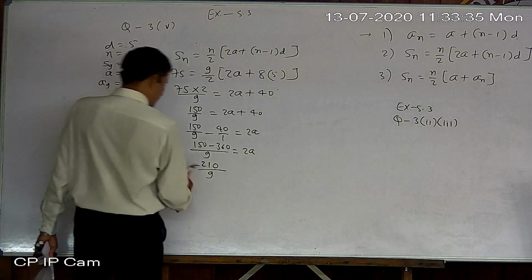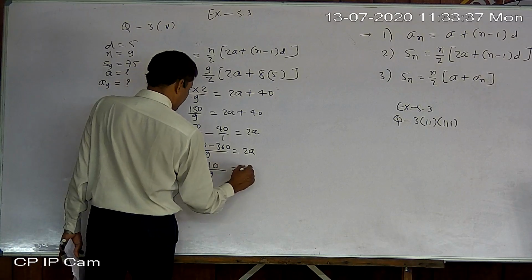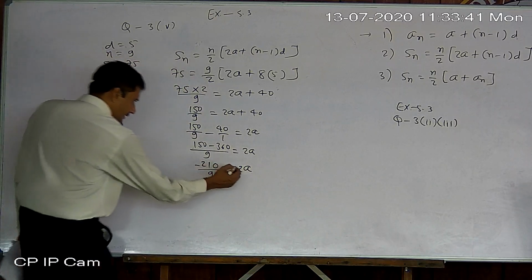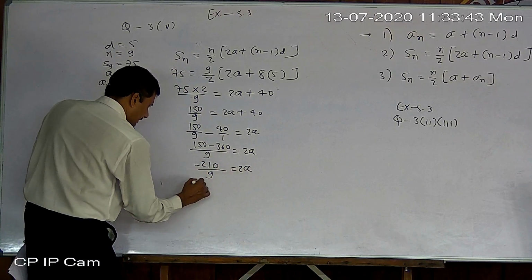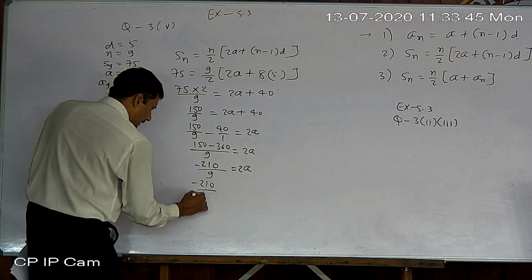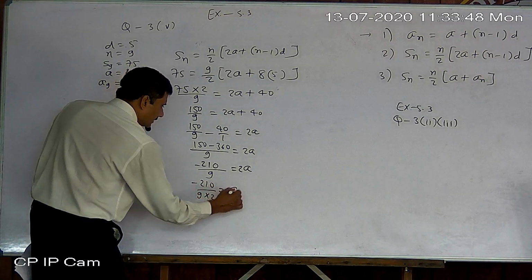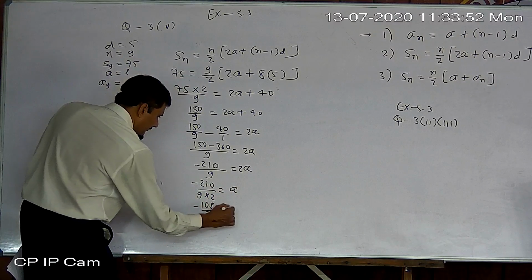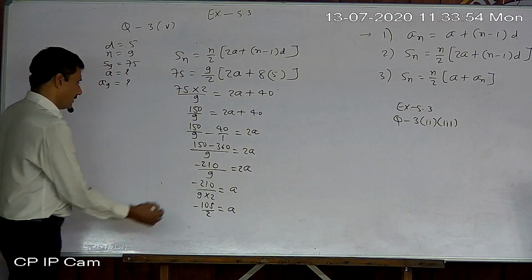So minus 210 upon 9 is equal to 2A. But actually we want A. So minus 210 upon 9 into 2, so minus 105 by 2. So we got this one.